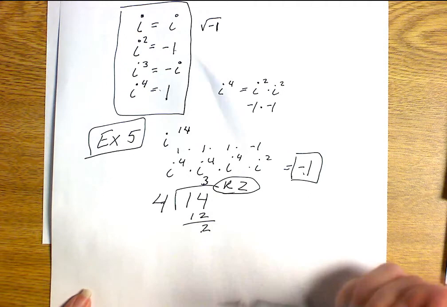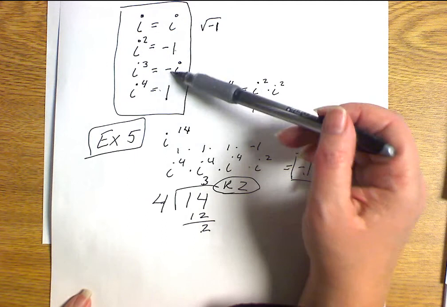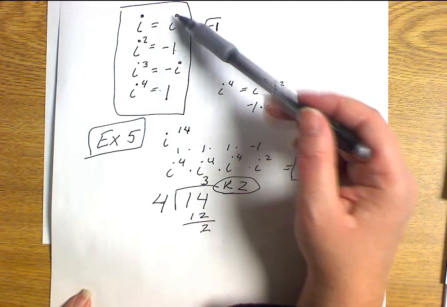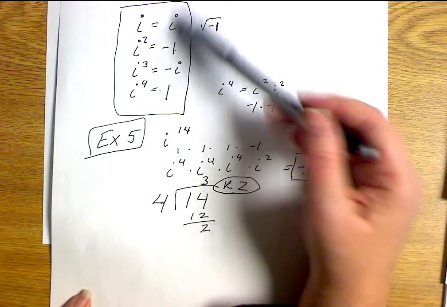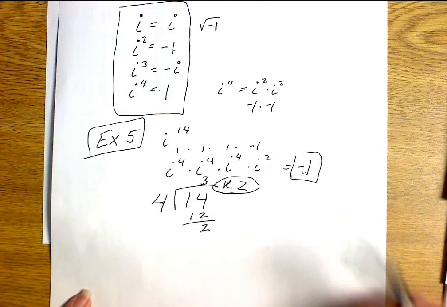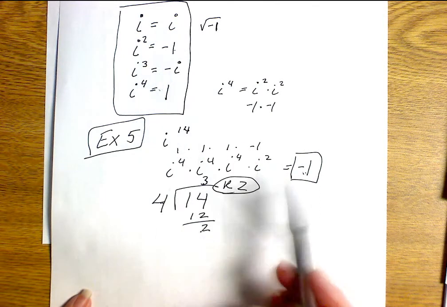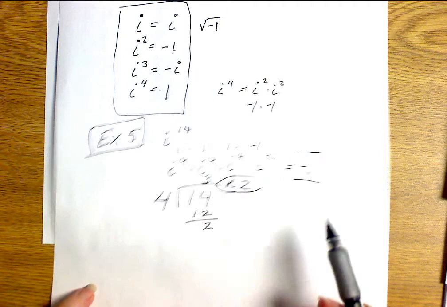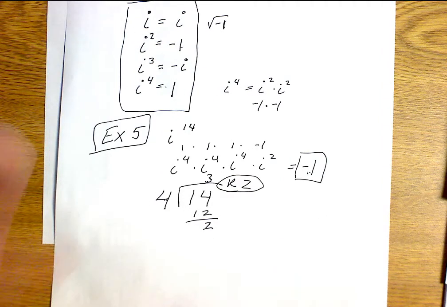Or you can simply count, which I don't recommend: 1, 2, 3, up to 14, negative 1, because it just keeps repeating each time. So our answer is negative 1. You can either find the remainder and count down, or set it up into that category.